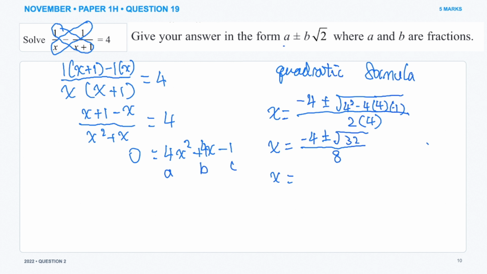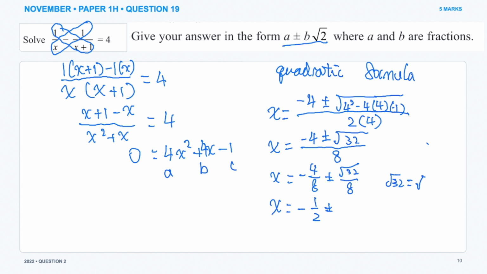Since we have to make it in the form a add or minus b square root of 2, we're going to have to make these separate. So we're going to have negative 4 over 8 add or minus root 32 over 8. However, we have to make the b. So we can simplify this part. To make the b, you can clearly see 32 is 16 times 2.